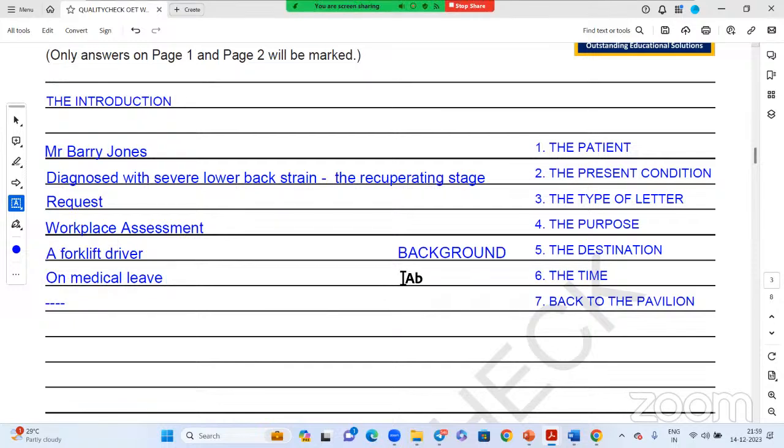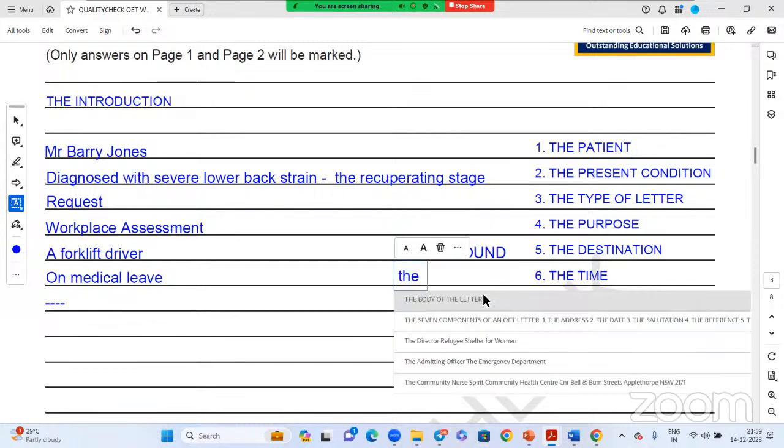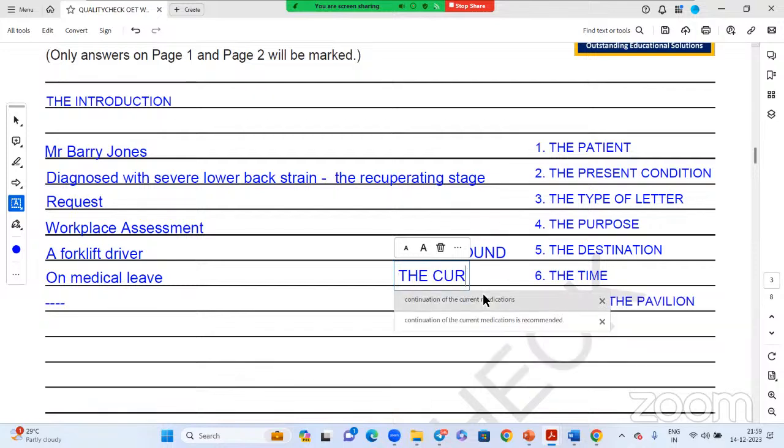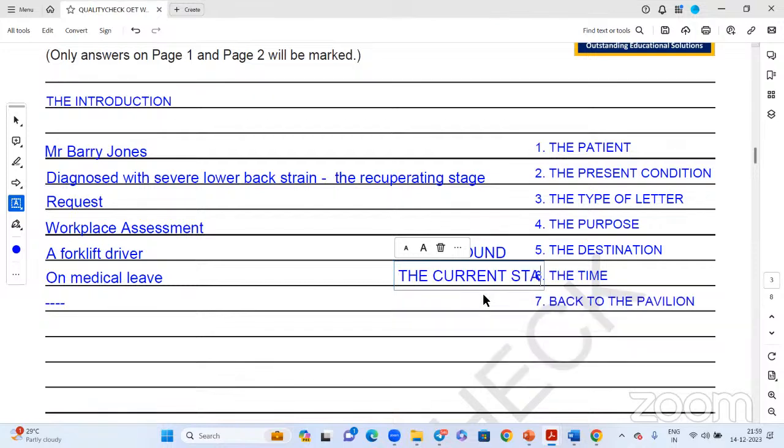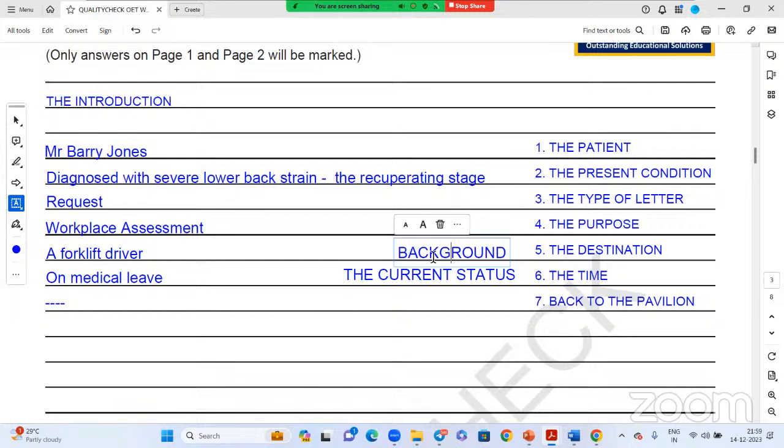This is called the current status. The current status is on medical leave. He's a forklift driver, he's on medical leave.